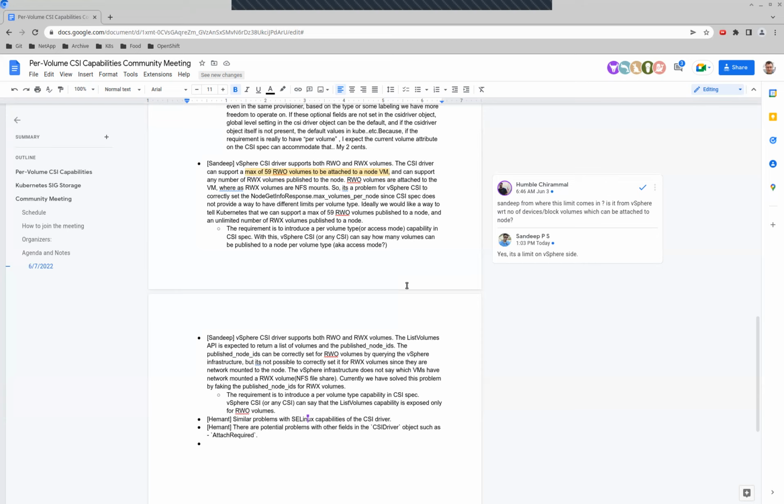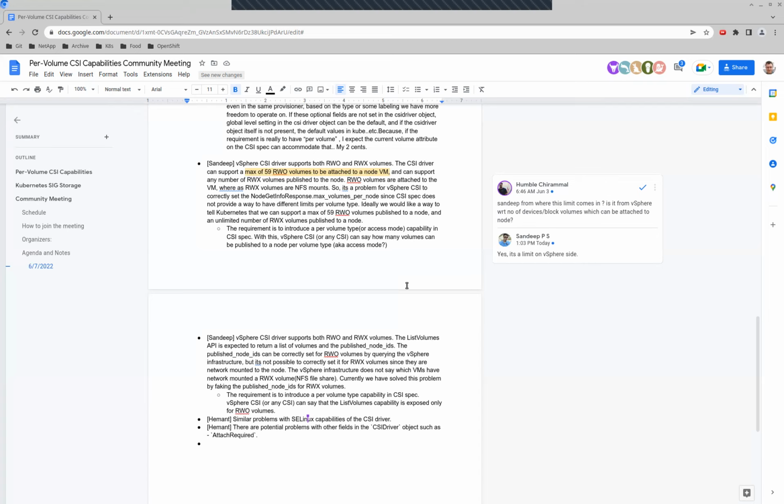Yeah, if Hemon's problem and my problem were the only ones we had, then I would say I can go off and come up with a proposal to either change the CSI driver object or have multiple of them and a corresponding CSI spec change that would give us a hook that kubelet could then use to figure out what to do.